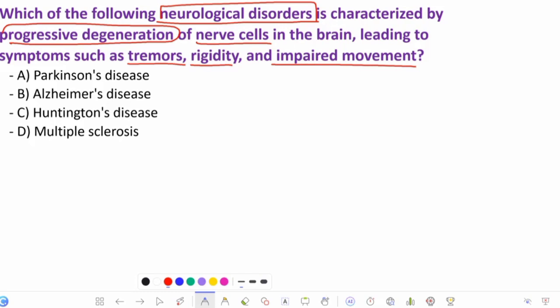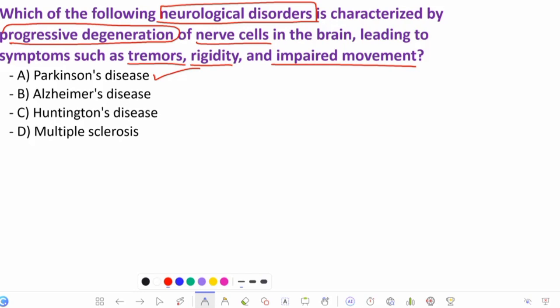So it is a neurological disorder characterized by progressive degeneration of nerves, which leads to, number one, tremors, I mean shaking of hands, number two, rigidity, number three, impaired movement. The options are Parkinson disease, Alzheimer disease, Huntington disease, multiple sclerosis. It is Parkinson disease, characterized by tremors, rigidity, and impaired movement, due to progressive degeneration of nerve cells in the brain.